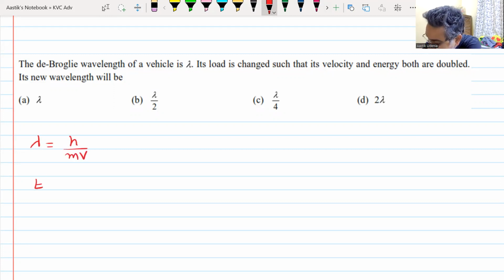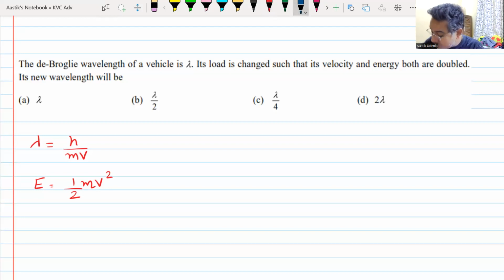The energy of this vehicle, when we talk about this energy of the vehicle, we are talking about the kinetic energy of this vehicle. Yes or no? Yes, sir. Now remember, the mass is constant here. What is changing is the velocities and the energies. You can eliminate mass in between the equations. Yes or no?